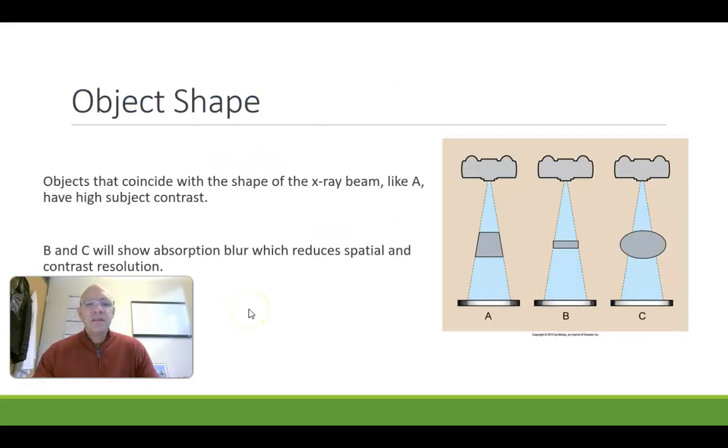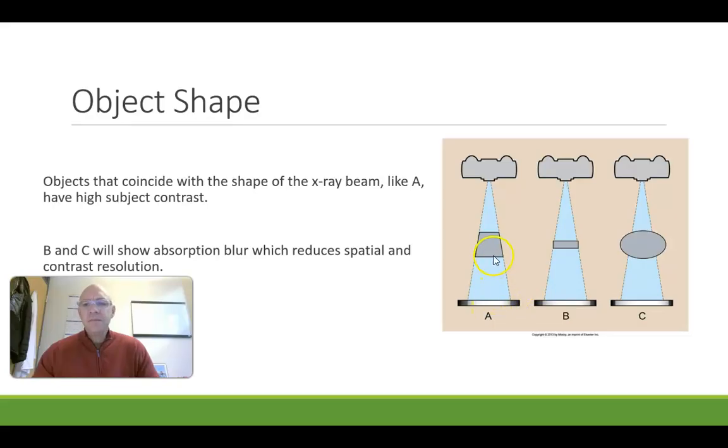Now, I talk about this because it's in the book, but I find it's kind of silly. If the object that you're x-raying has a shape that matches the angulation of the x-ray beam, then you're going to have little to no distortion. I say that, but what body part are we x-raying that's going to have the exact shape of the x-ray beam itself?